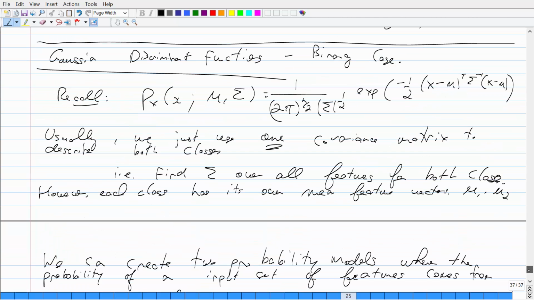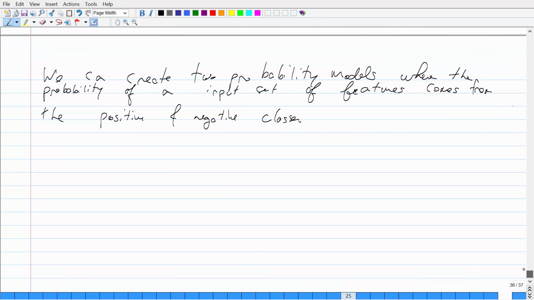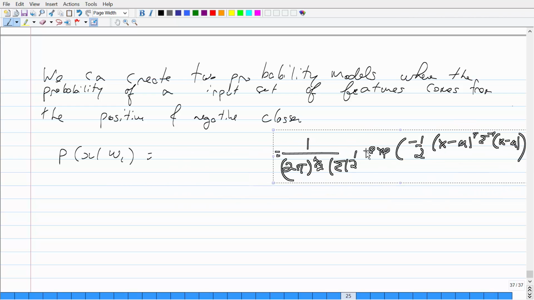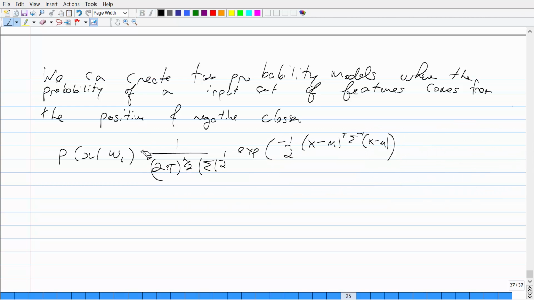Basically you just copy this and do it for both classes, so there's two of them. So the probability that we belong to the first class is simply this. Sigma is the same, and the mean features are different, and then you do the same thing for this one.